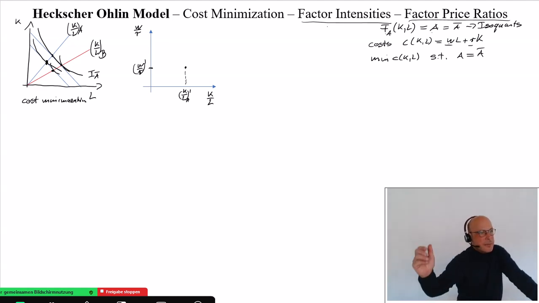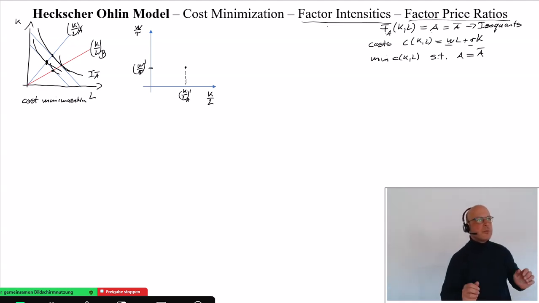Somewhere it has to be. We didn't have directly specified how our production function is. It could be a CES function, it could be Cobb-Douglas, anyway, only constant returns to scale.